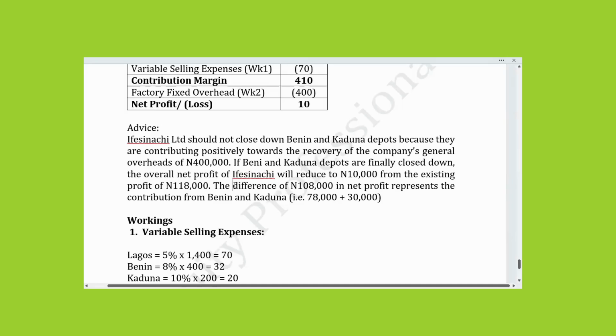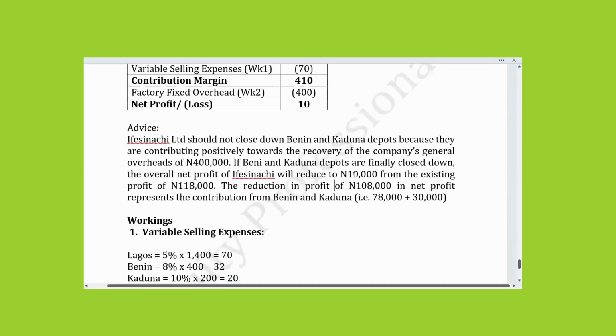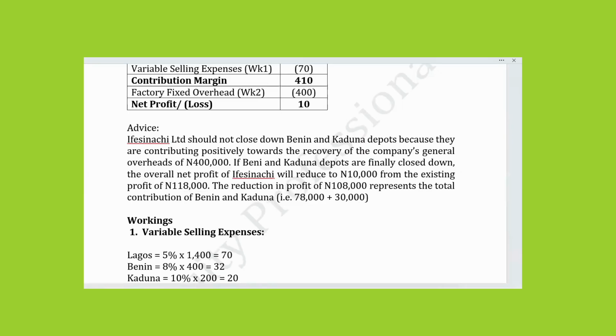The loss in profits, or the reduction in profits of 108,000 naira, represents the total contribution of Benin and Kaduna. So we've already advised that the company should not close down Benin and Kaduna.